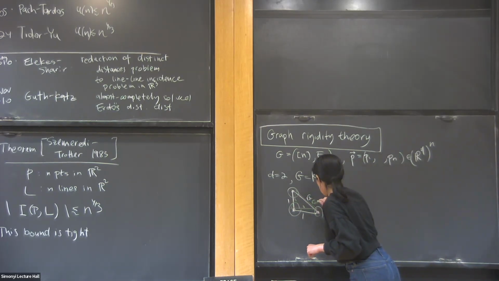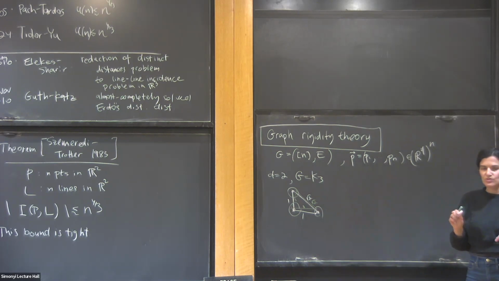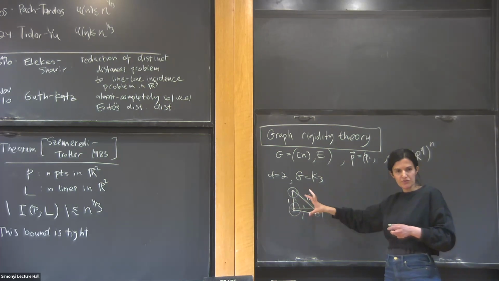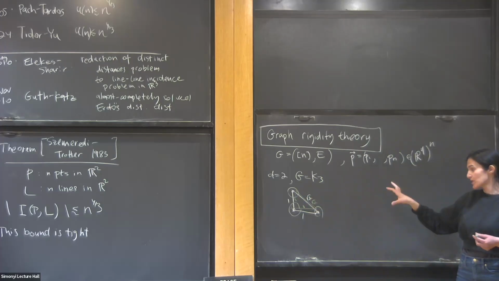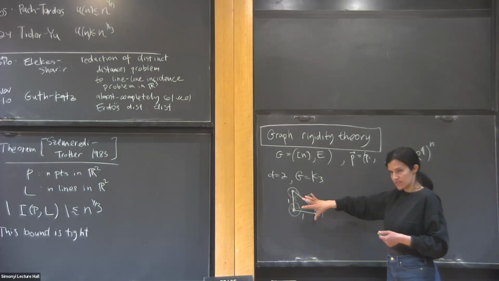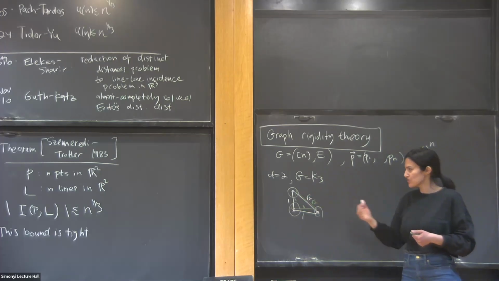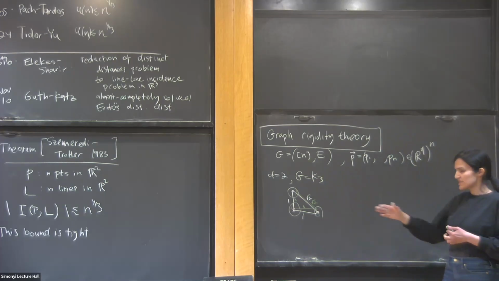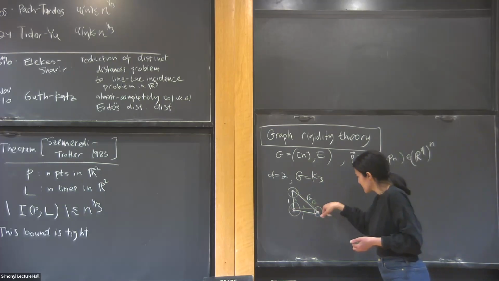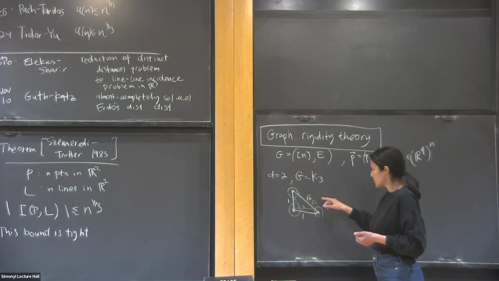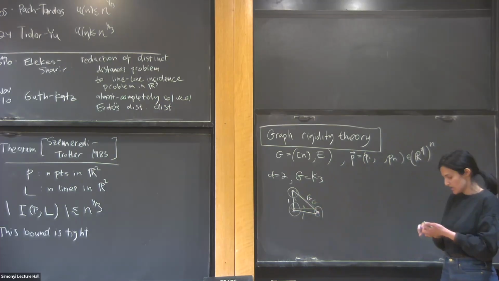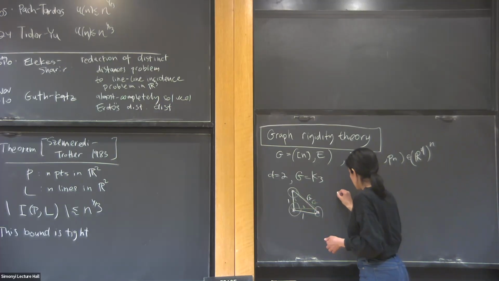And ask, is it possible? Of course it is always possible: you can always take a shift of the original graph or rotate it, and you just get a congruent copy of the original graph. But the question is, can you find another embedding with the same edge lengths, but not congruent to the original one? In this case, this is impossible. Whenever we get a triangle with edge lengths 1, 1, square root of 2, we know it is congruent to this one. So the triangle is rigid.